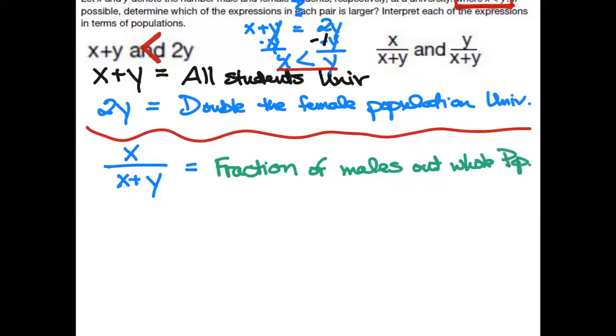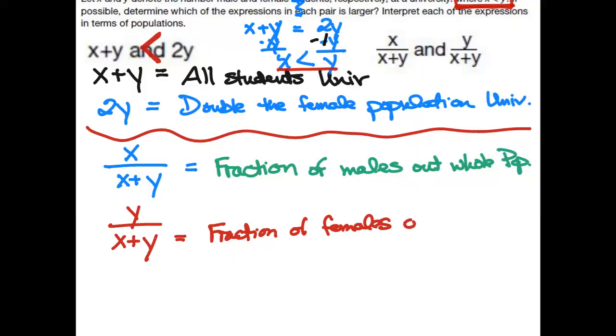Fraction of the males out of the whole population. And then we're comparing that to Y over X plus Y. What does that represent? Fraction of females in the whole population. Okay. A fraction of the females out of the whole population.